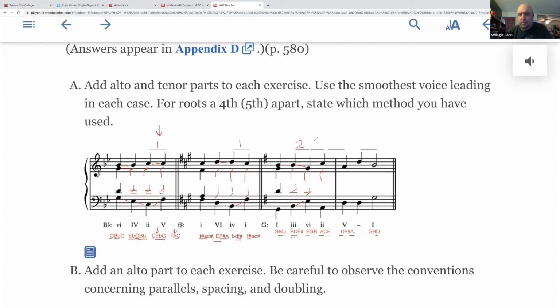We need a common tone, stepwise motion. Yep, you're right. We could go from the B up to the C. Does that work? Nice job.